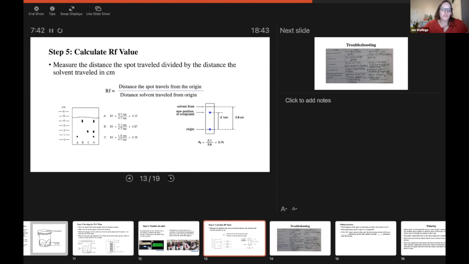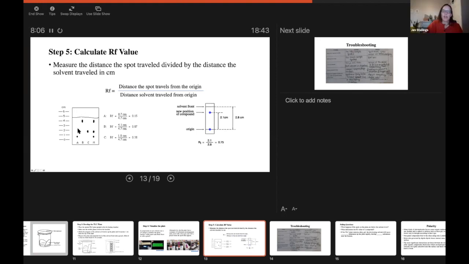Just a quick question. If we develop this in hexane, which one of those spots, A, B, or C, do you think is going to be non-polar? So we're using silica plate and hexane as our solvent. Which one wanted to go to school? B. Yep, exactly.